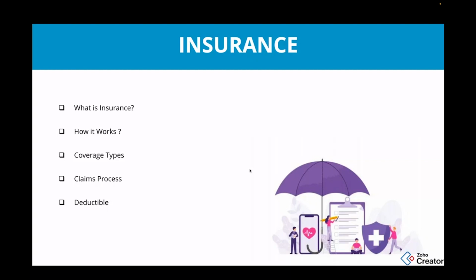And deductible is nothing but this: there is an amount called the premium amount that the insurance company gets from the customers, and there is another amount called the deductible amount, the remaining amount of the coverage which the insurance company will provide to the customers. So this is how the insurance industry in short works.